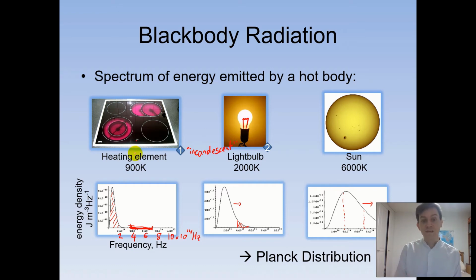Right, so what's interesting about these results is the shape of the curve in each case is exactly the same. The only difference is a stretching of the axis. If I take this curve from the heating element and I stretch the x-axis by a factor of approximately 2, proportional to the temperature, then I will get this curve.